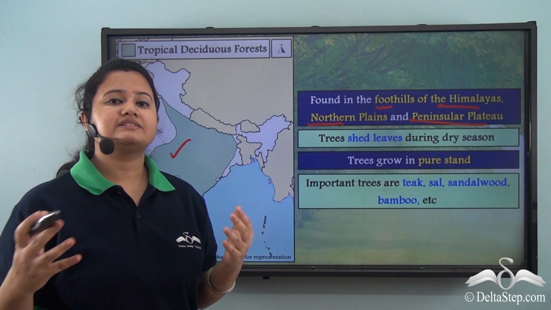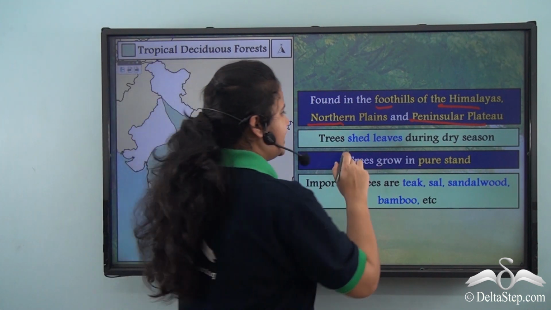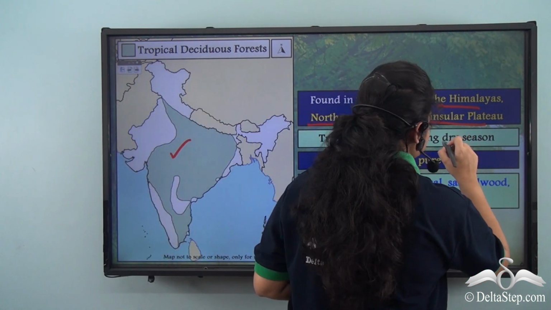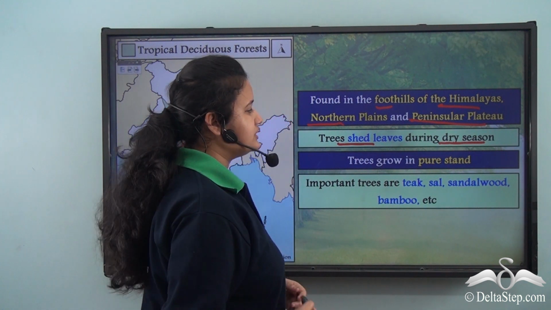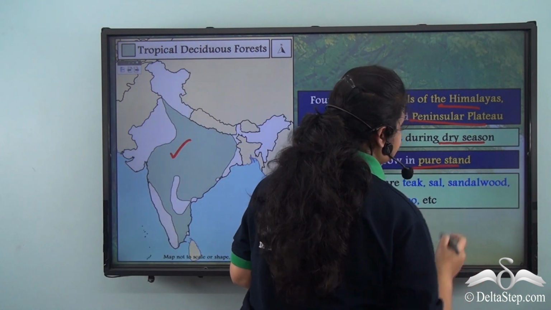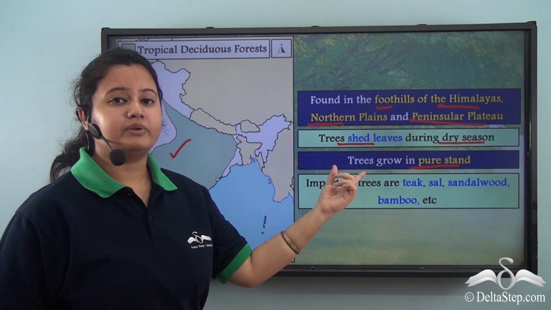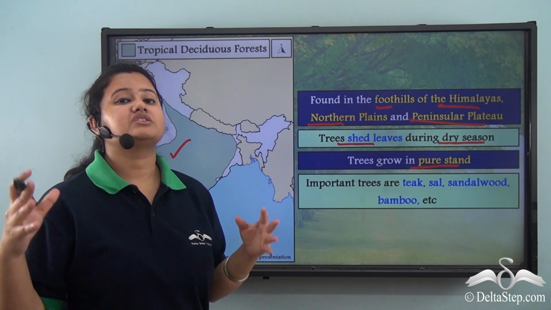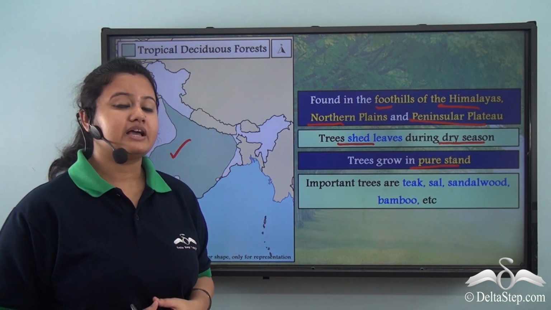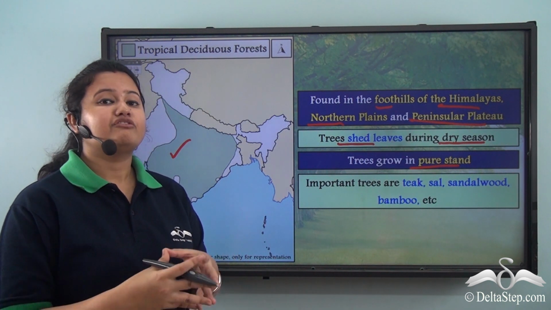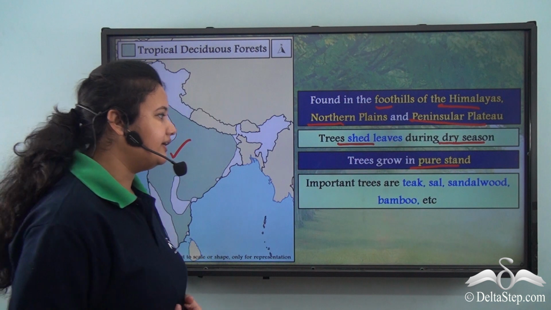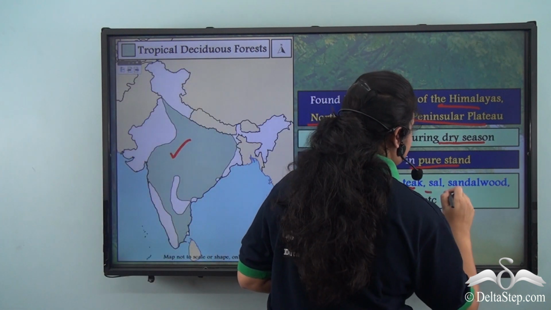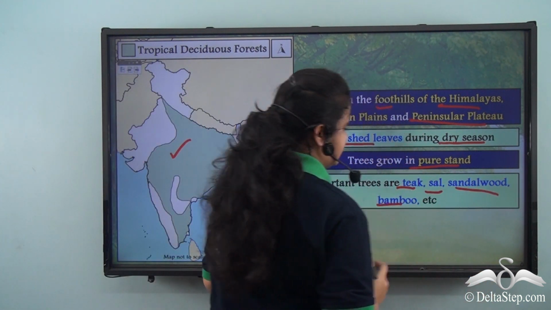Deciduous forests consist of trees that shed their leaves during dry season. These trees occur in pure stand, that is, a single variety of plant species grow together, and therefore deciduous forests are commercially very important. Some of the important trees found in these forests are teak, sal, sandalwood, bamboo, etc.